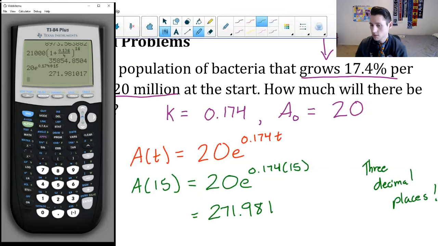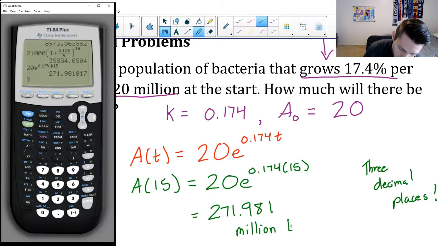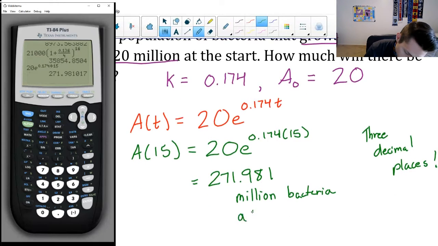Let's round to the thousandths, 3 decimal places. So 271.981. 271.981 what? Million bacteria after 15 days.